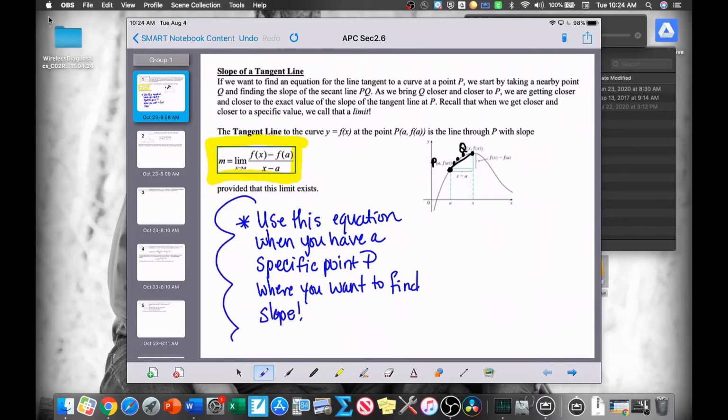And what I mean by this is we know the point P, like we know the point is 2, 5 or something like that. This is the equation that we're going to use when we know our point P.